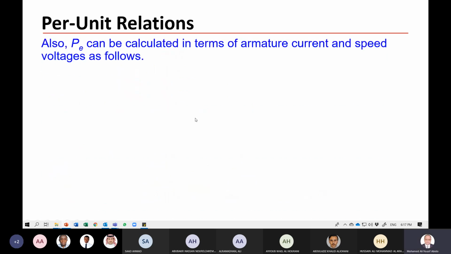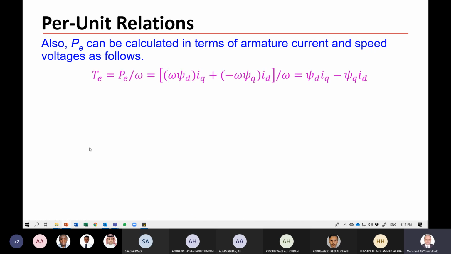Also, the torque can be calculated in terms of armature current and speed voltage. As shown, you can have torque equal to P over omega, and this is also equal to these quantities per unit.